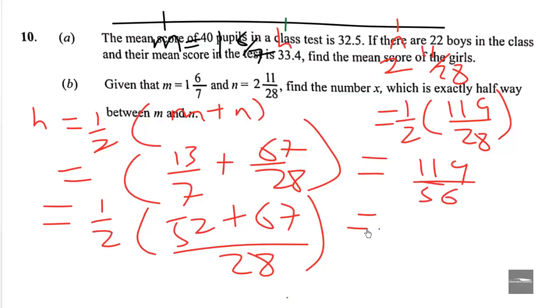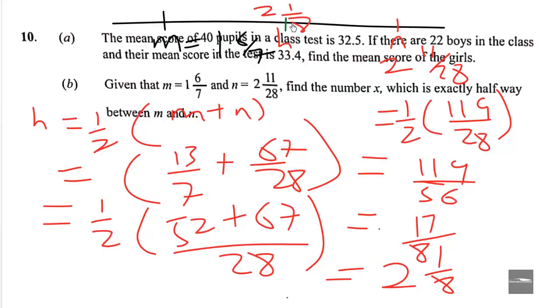And this will simplify to 17/8, and that will be two whole number, 1/8. So the number that is exactly halfway between the numbers is two whole number, 1/8.